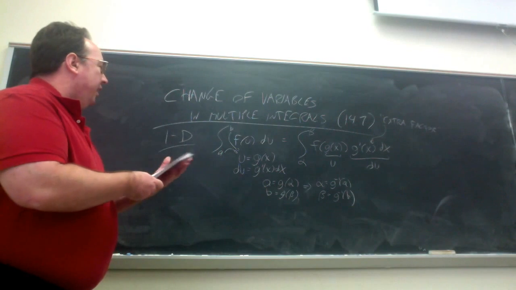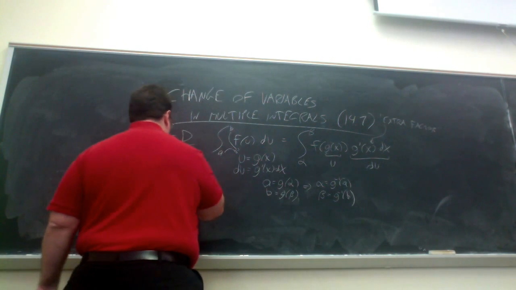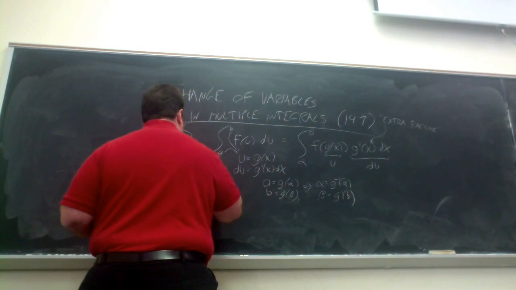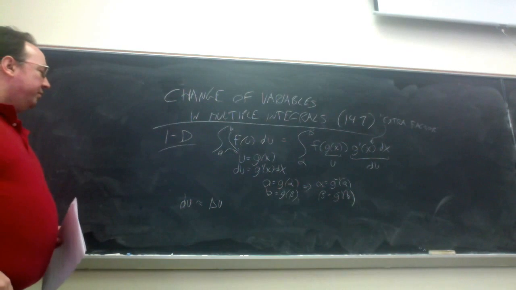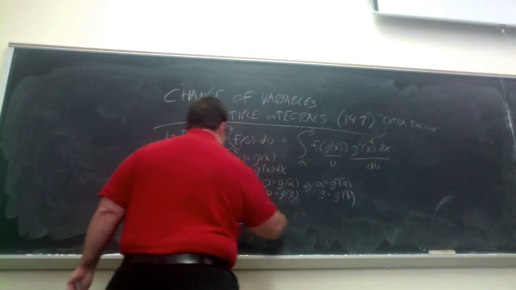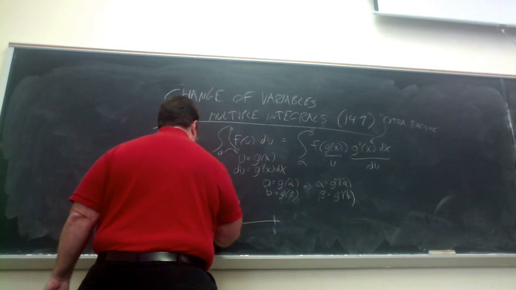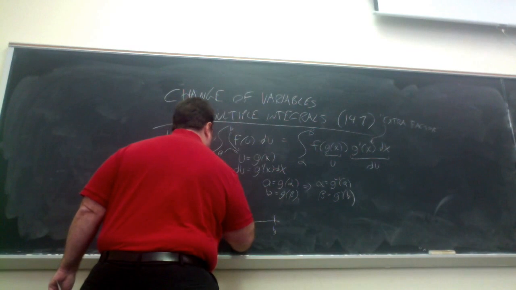Because if you think of du as being just a difference of u values. So I might have in my interval from a to b points u1, u2, u3, and so on.